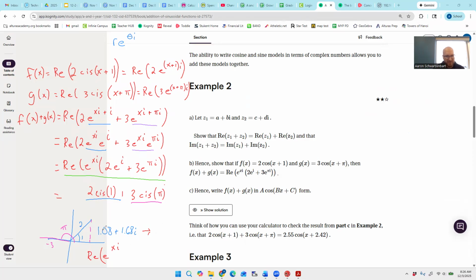So this becomes -1.92 plus 1.68i. I guess now I need to convert that back to polar. All we did was add them: negative 1.92, 1.68.